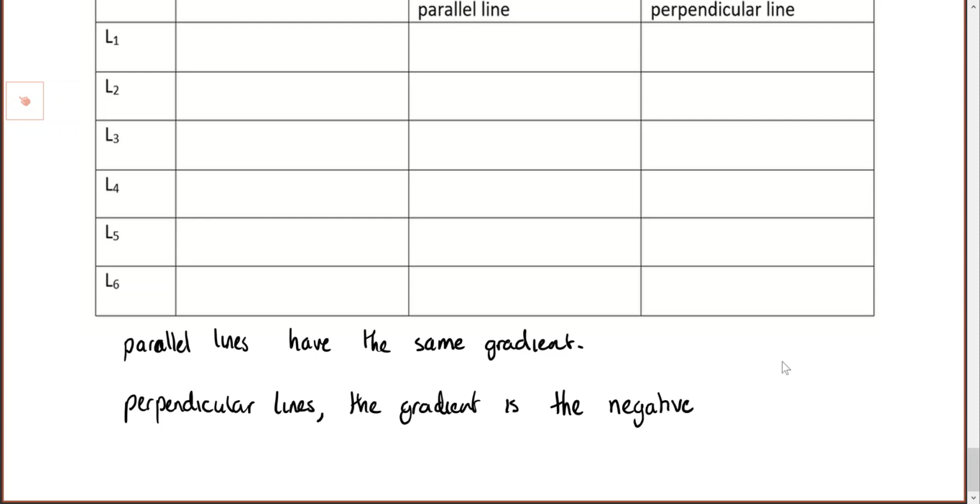Because if you take a negative of a negative, you get positive. So that's how we say the sign swaps. And then how can we say it upside down, it flips? Well, there's a word for that, and it's the gradient is the negative reciprocal. Yeah. So reciprocal, we could say the numbers flip or swap. Okay? Does that make sense?